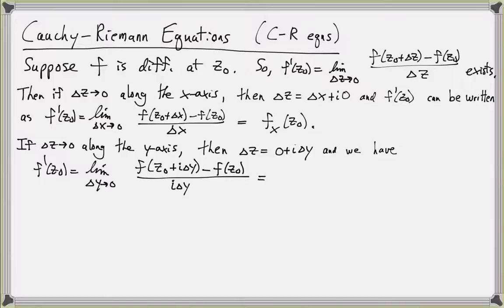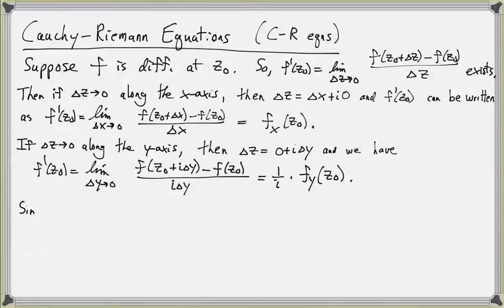And if I pull out a 1 over I from this limit, then we see that this equals 1 over I times the first partial derivative of f with respect to y at z0.